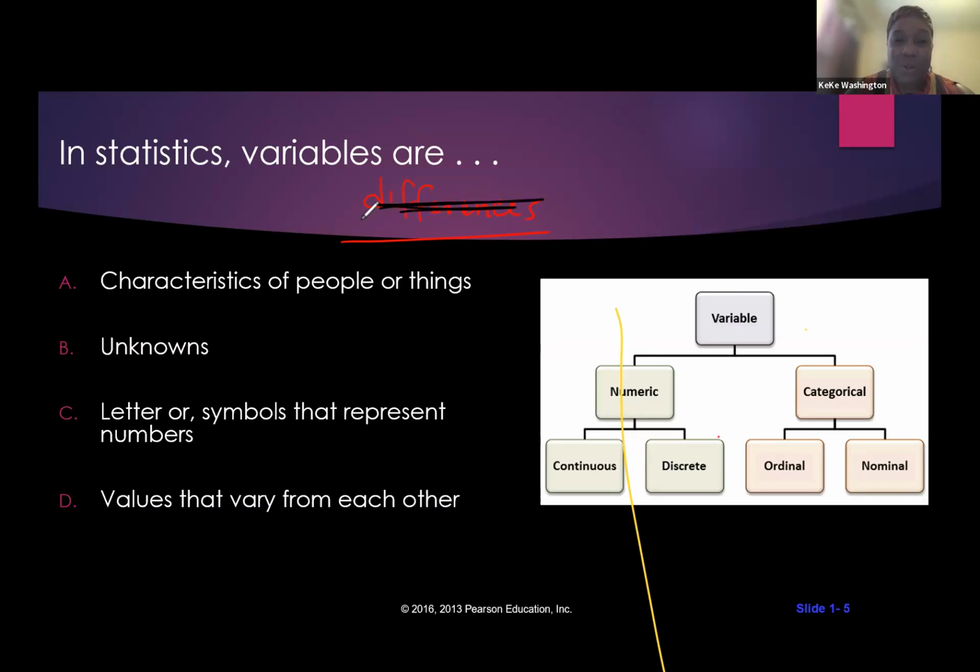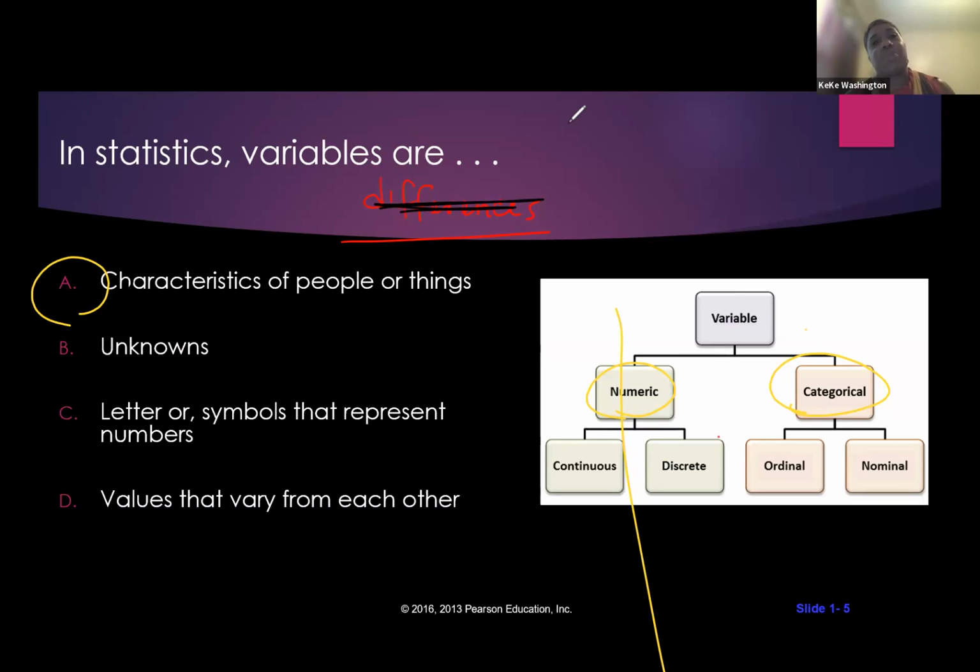With variables, that's the characteristic that you're interested in about that data. That variable can be numerical or categorical, which is what we discussed earlier. So are you interested in the person's weight? That will be numerical.